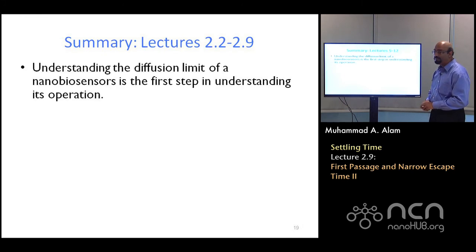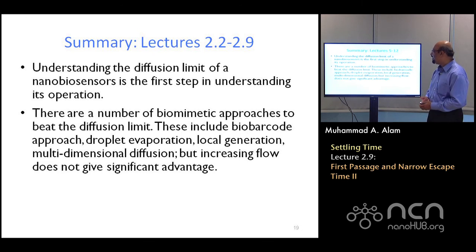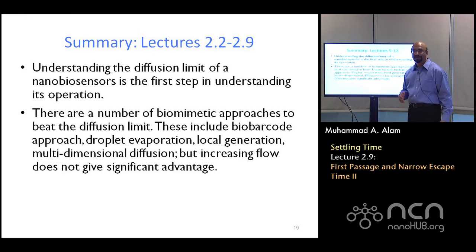So understanding the diffusion limit of the nanobiosensor is the first step that anyone should undertake before these sensors are fully understood. And then there are a number of biomimetic approaches. We are copying from nature in order to understand the biosensors, but at the same time beat the diffusion limit associated with them. So nature is helping us both ways.